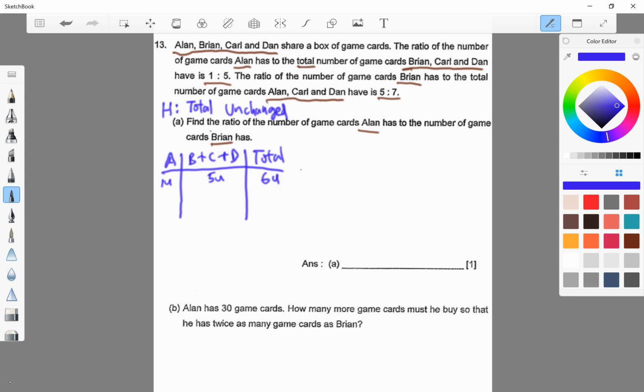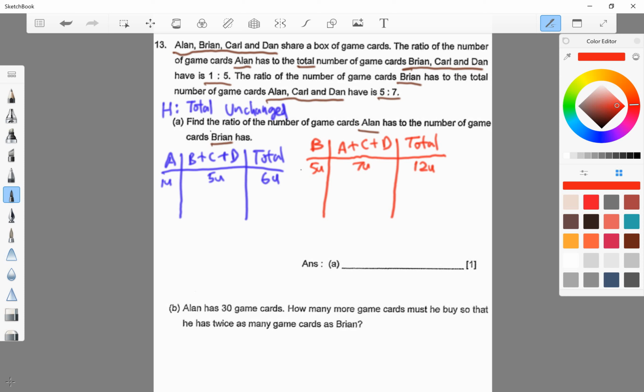The next thing that happens will be Brian, B, as compared to A plus C plus D, leading us to a total, and that will be 5 units, 7 units, and adds up to 12.